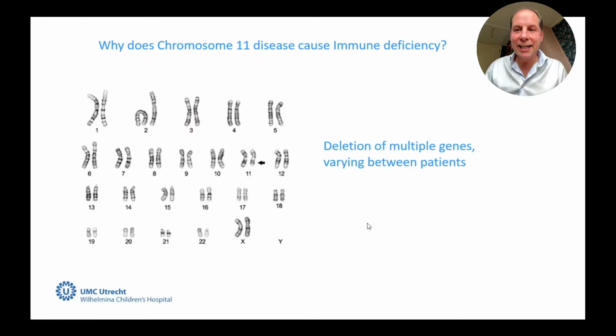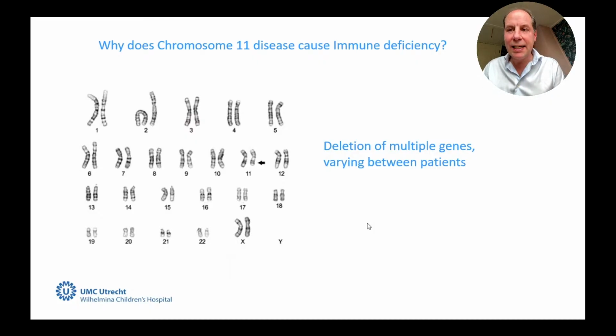And what you see here is a technique to visualize the chromosomes in a human cell. It's called a karyogram. If the chromosomes are photographed and cut out, you can pair them. And what you see is there's a little arrow at the chromosome 11 pair.